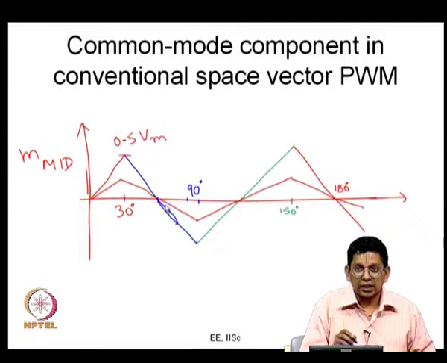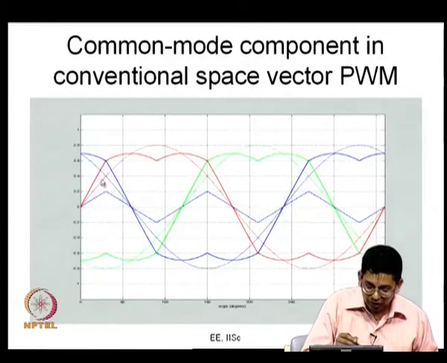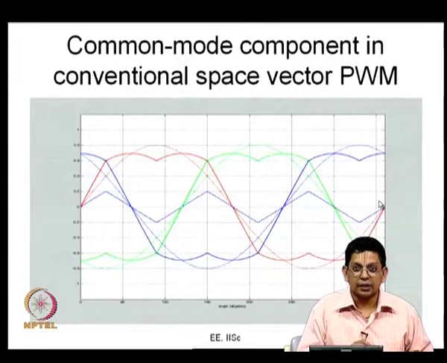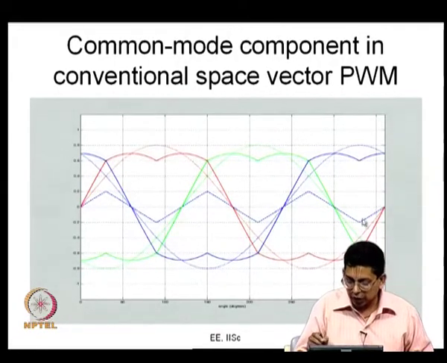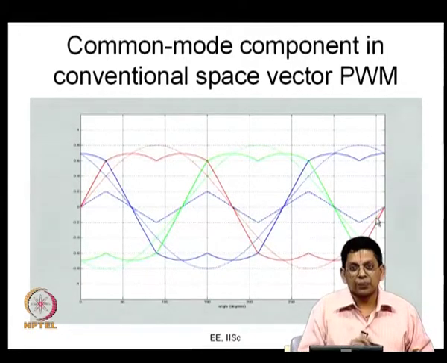This is added as a common mode to the 3 phase sine waveforms, which I am going to show now. This is the original sine waveform, say the R phase sine waveform, what is shown in the dotted line, and this is the waveform that I hand drew earlier, and this has been plotted using a computer program.